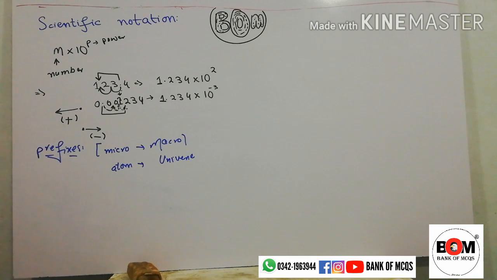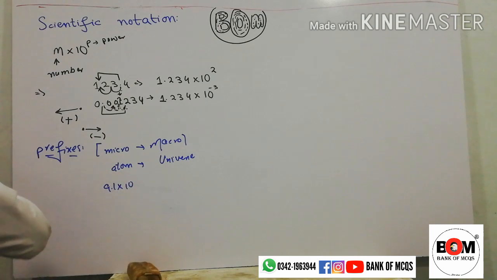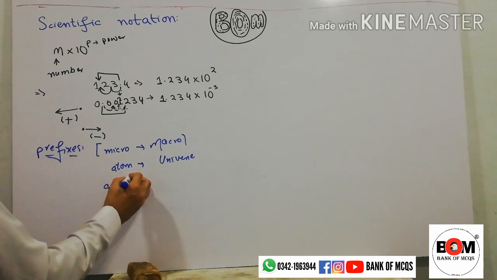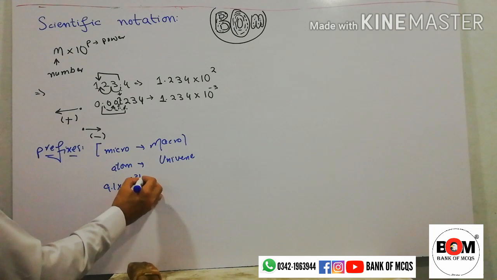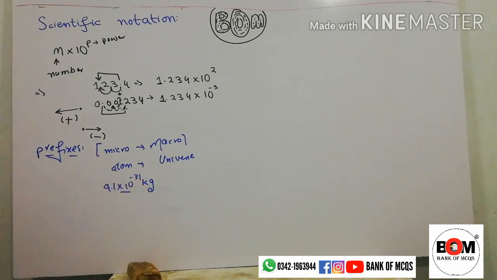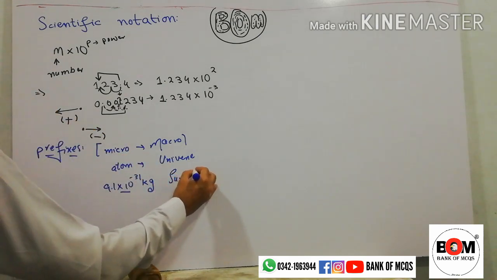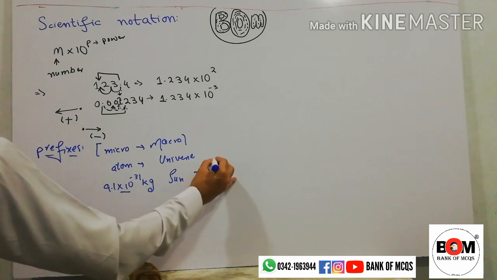For example, the mass of an electron is 9.1 multiplied by 10 raised to the power minus 31 kg, which is quite small. On the other hand, the mass of the sun is 2 multiplied by 10 raised to the power 30.